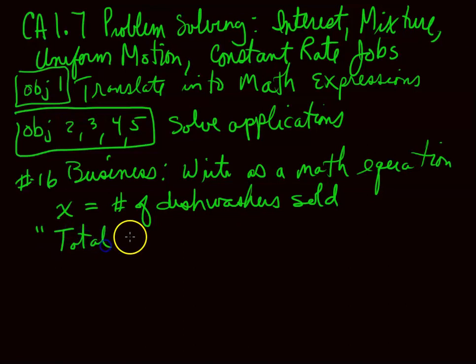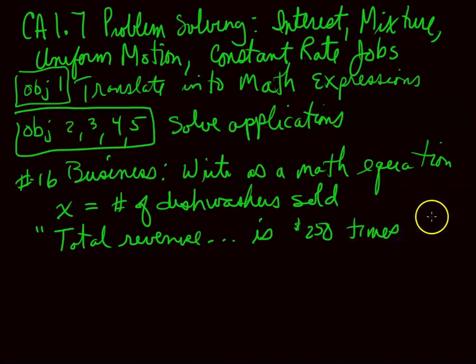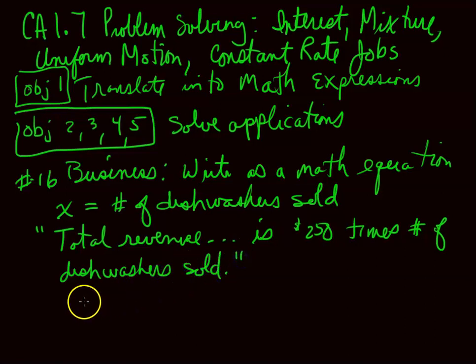So I need the total revenue, and then it'll have some blah, blah, blah, is $250 times the number of dishwashers sold. And that's what we're supposed to translate into an equation.